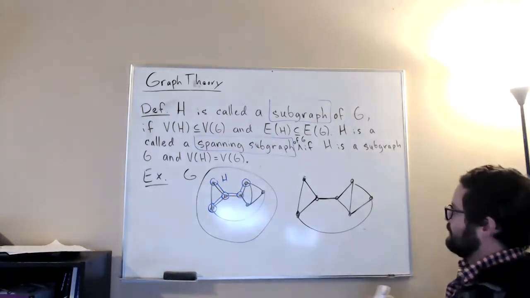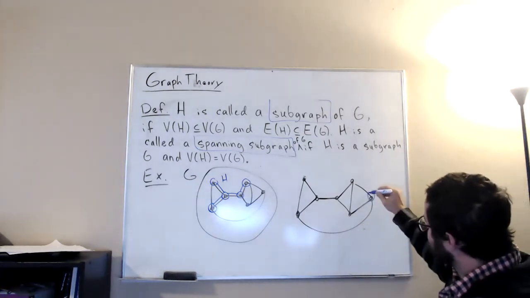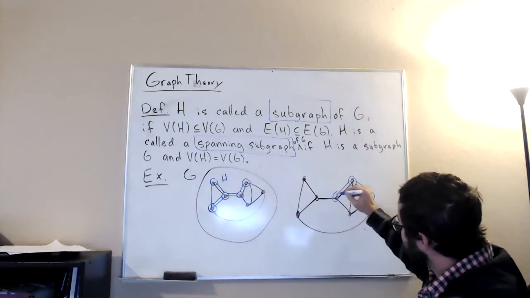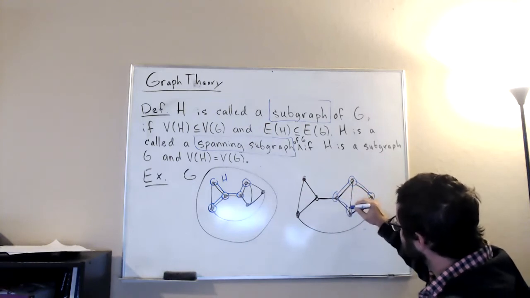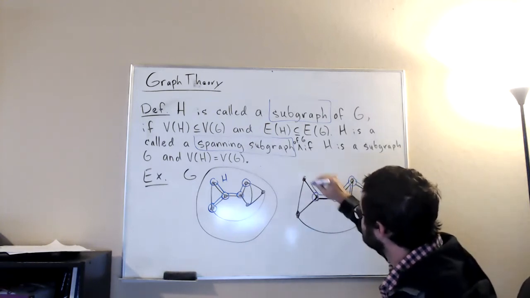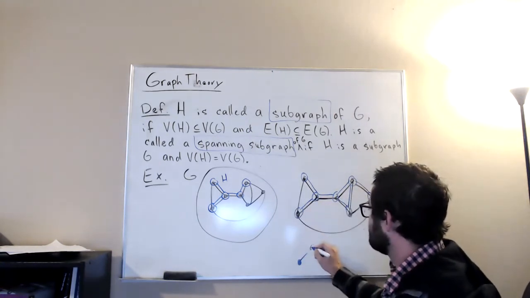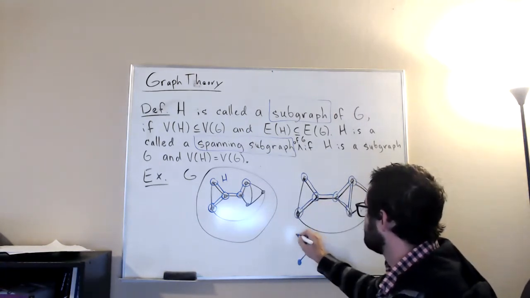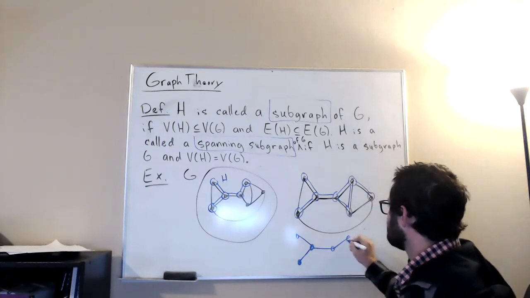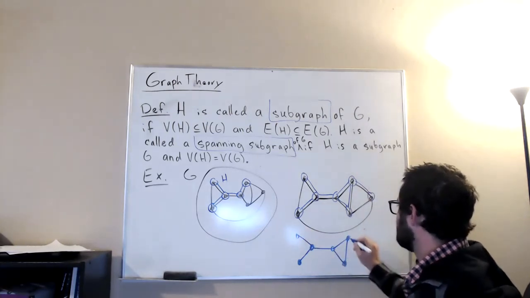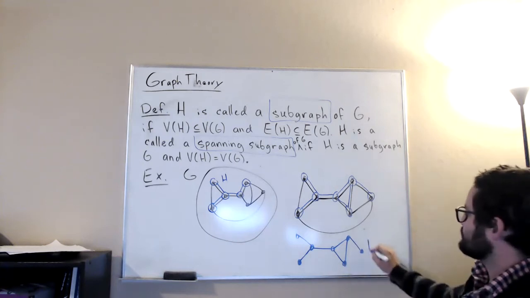A spanning subgraph would be like, so that would look like this. So that's one such spanning subgraph of G.